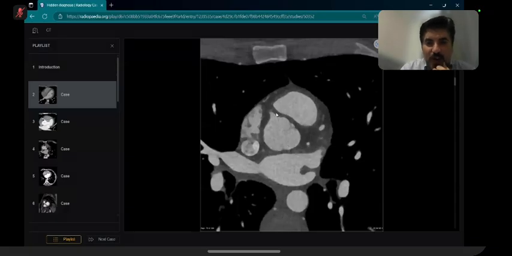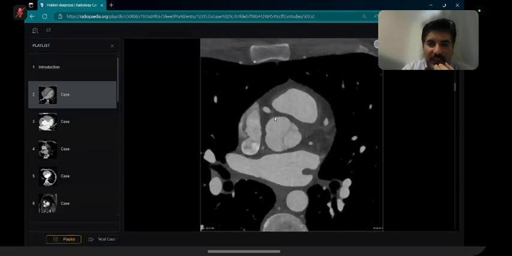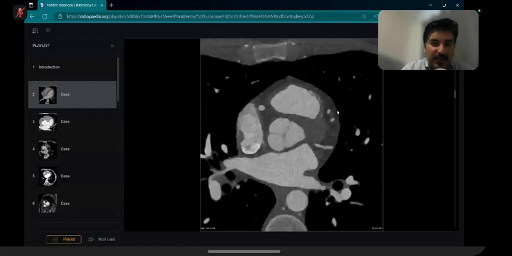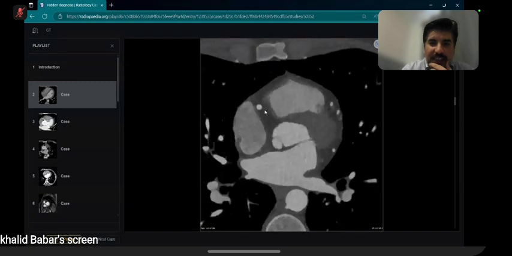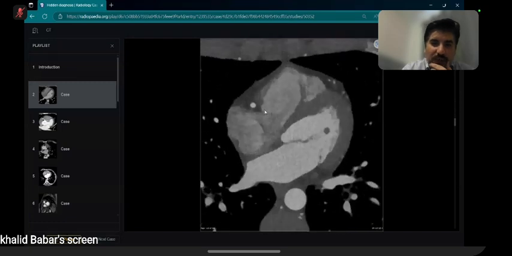So at the 11 to 12 o'clock position, this is the origin of the right coronary artery. If you can track it, these are the axial images. These are the focused axial images of the heart. We usually reconstruct these focused axial images of the heart. So it is traveling in the right atrioventricular groove.